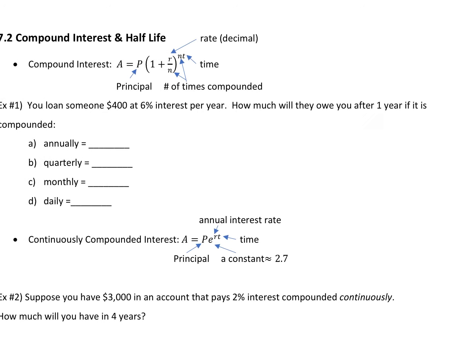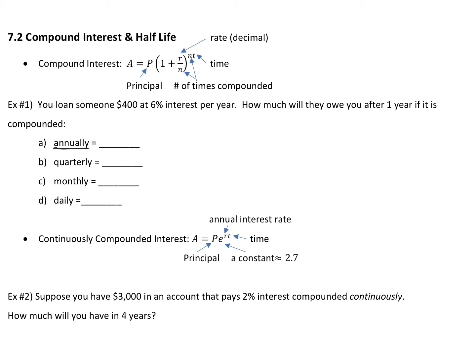You could compound annually, which means once a year they calculate your interest and you get paid that amount of money, right? Or you could compound quarterly. Any guesses how many times in a year you would do quarterly? 4. There's 4 quarters in a dollar, right? Quarterly is 4 times a year, every 3 months, okay? What number would represent monthly? 12. And then daily? 365.